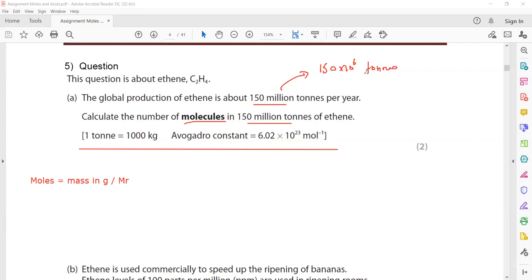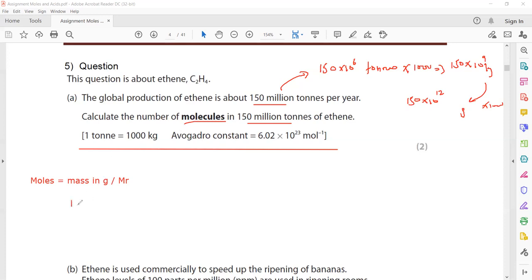Then we have to convert into kilogram. As we know, 1 ton is equal to 1000 kilogram. So we'll multiply by 1000, so it will be 150 into 10 to the power 9. This is in kilogram, but we have to convert into gram, so we'll again multiply by 1000. So it will come out as 150 into 10 to the power 12.